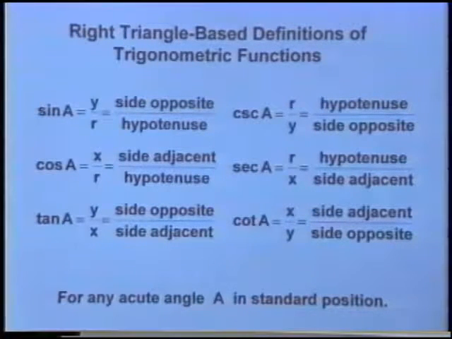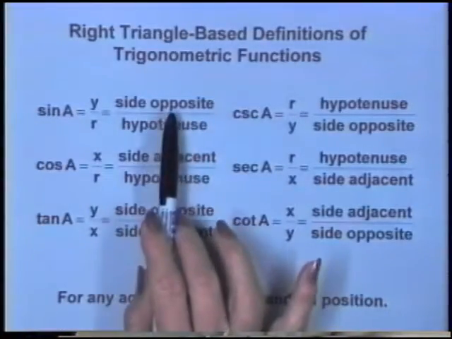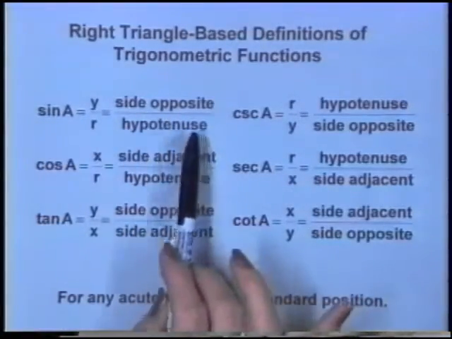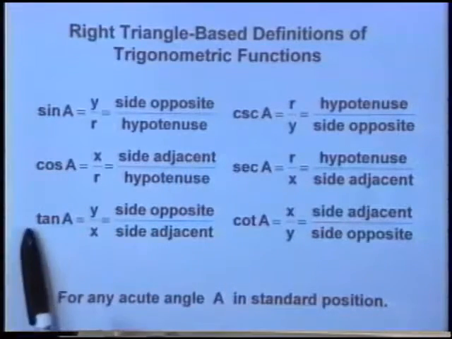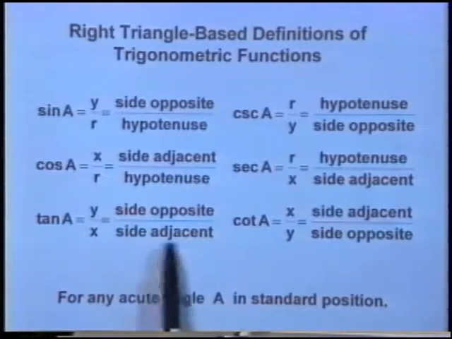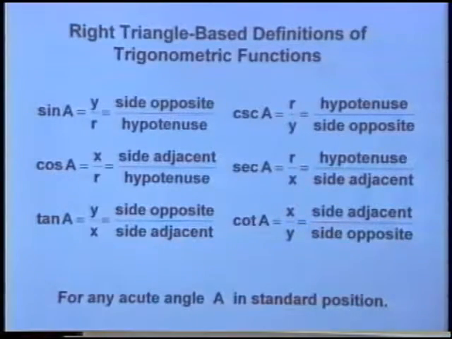You need to memorize sine A equals, and usually we just say opposite over hypotenuse, cosine A equals adjacent over hypotenuse, tangent A equals opposite divided by adjacent, and then usually for the reciprocal functions, I just think of them in terms of their reciprocal, and this will be true for any acute angle A in standard position.